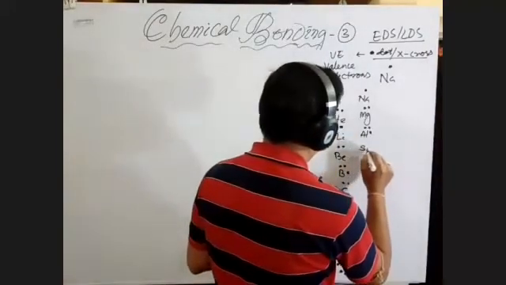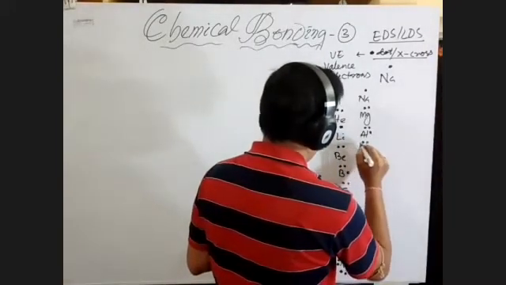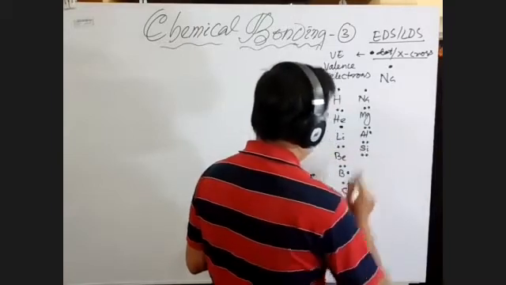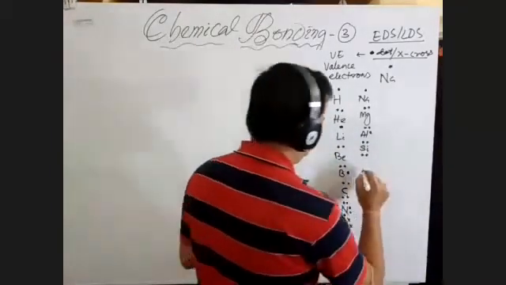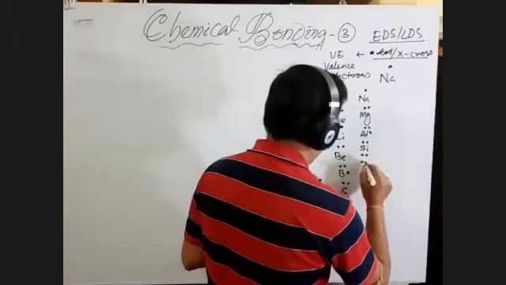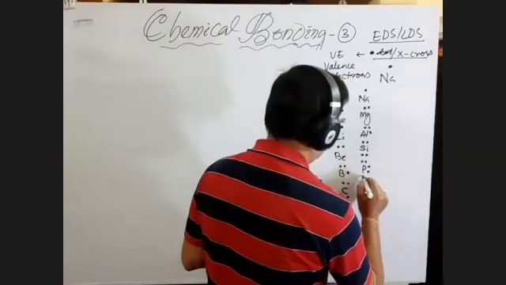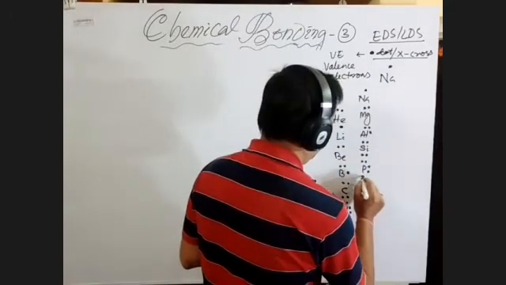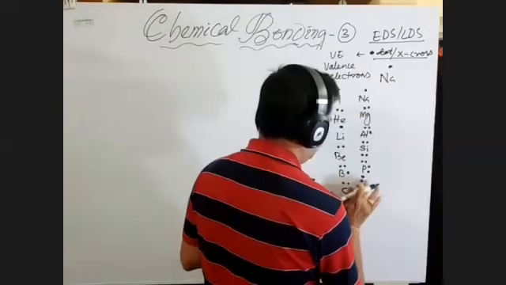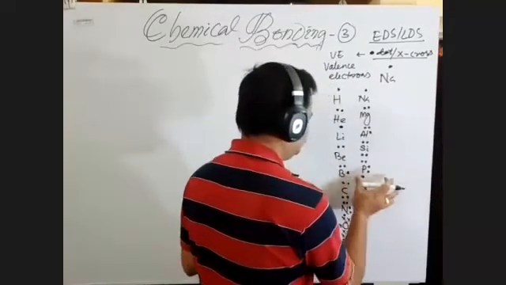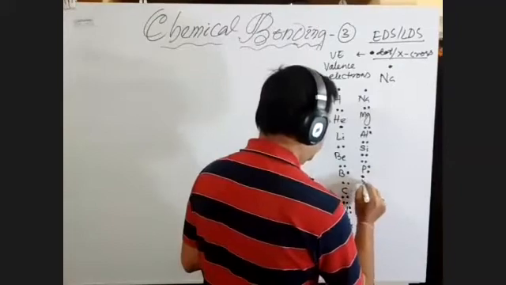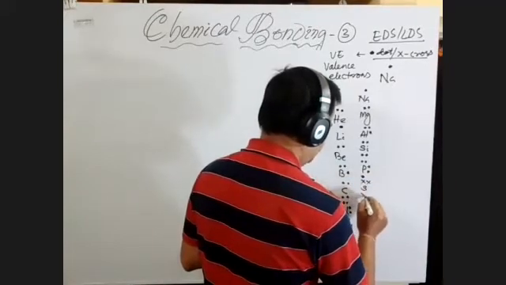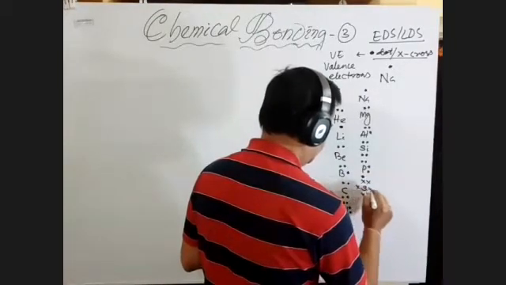Then silicon has 4 dots, 4 outermost electrons. Next, phosphorus has 5 electrons in its outermost shell. Sulfur has 6 electrons, so I can put 6 cross marks like oxygen.